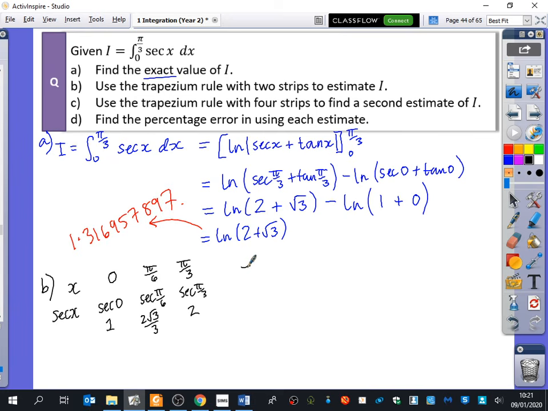So I is approximately equal to, what's the value of h for this trapezium rule? No. Pi over 6. It's going up in pi over 6. So it's going to be pi over 6 over 2. And then you've got the first one plus the last one plus 2 lots of the middle ones.